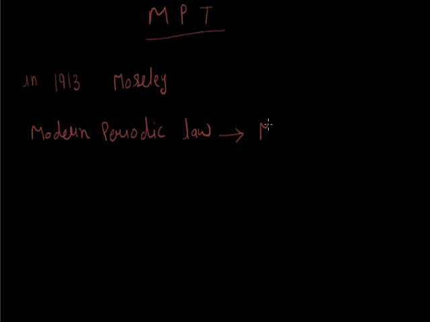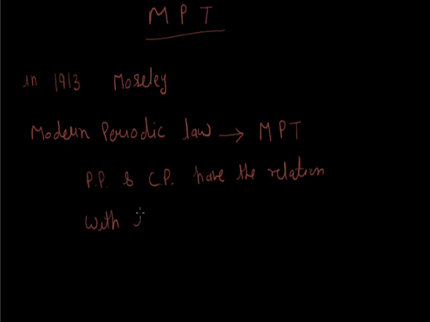According to the modern periodic law, that is the MPT, physical and chemical properties of the elements are the periodic function of their atomic number, meaning physical properties and chemical properties have a relation with their atomic number.